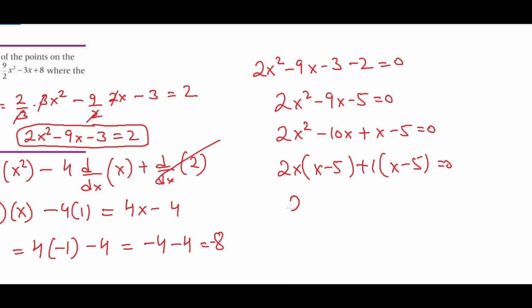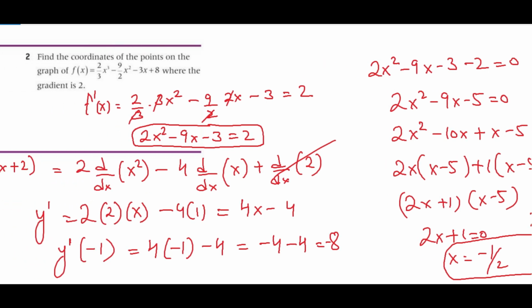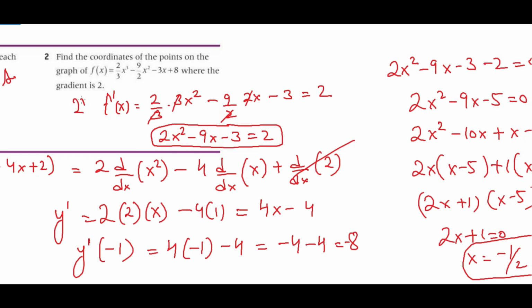So we get 2x plus 1 and x minus 5. So 2x plus 1 equals 0, which means x is negative half, and x minus 5 equals 0, which means x equals 5. So these are the 2 points where the gradient is 2. Kind of easy, but you need to be cautious while solving. Hope you are getting this.